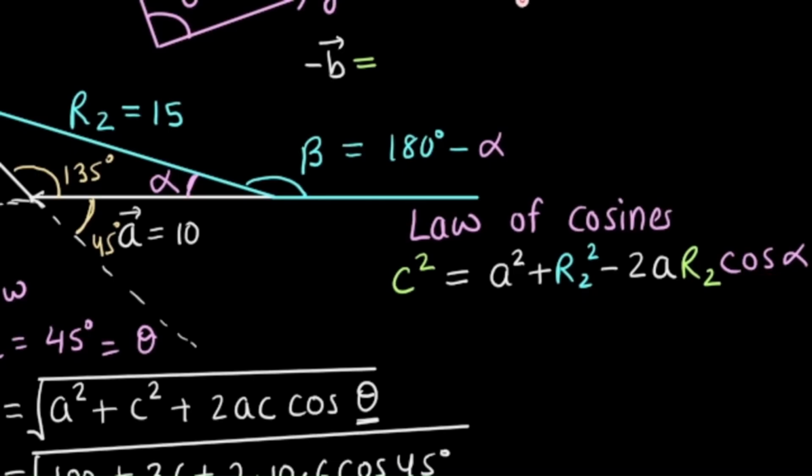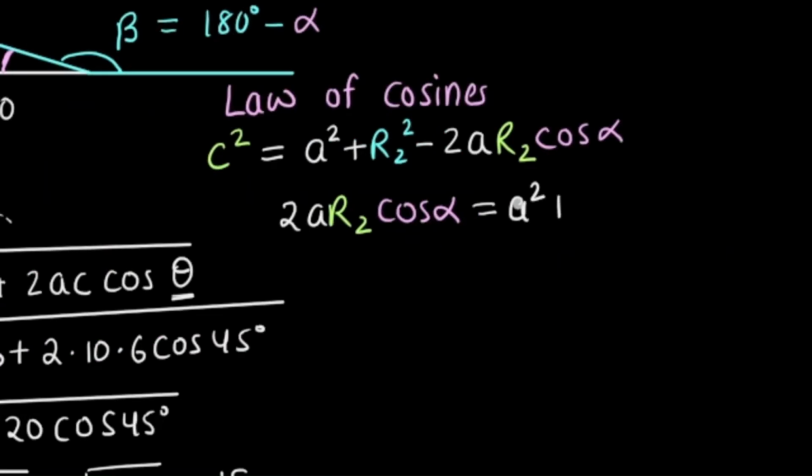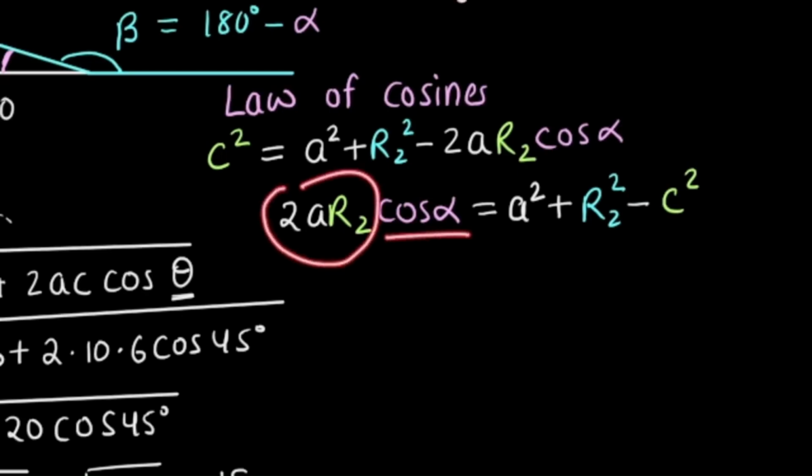And to do that, add 2AR2 cosine alpha to both sides and subtract C squared from both sides of this equation. And when you do so, what do you get? This is what you get. 2AR2 cosine alpha equals A squared plus R2 squared minus C squared. Now we're going to divide both sides by 2AR2. That will isolate cosine alpha.